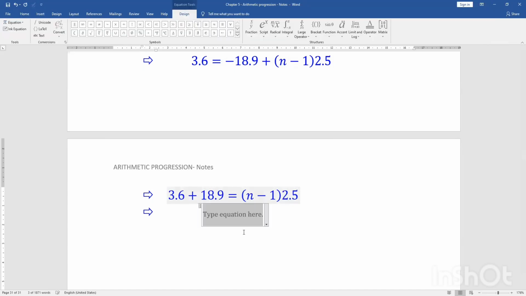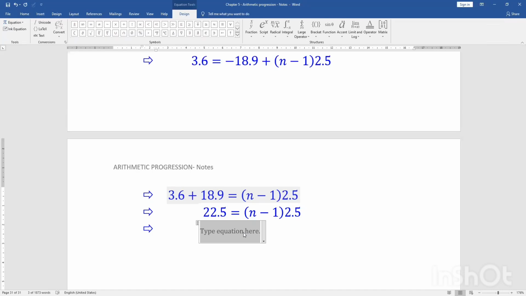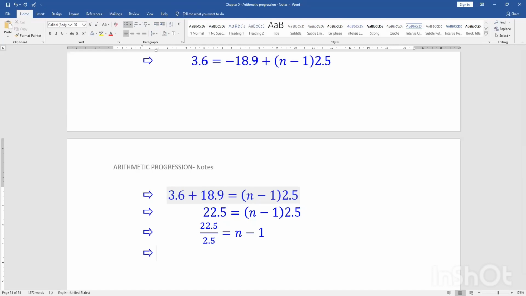So this will give you 22.5 equals N minus 1 into 2.5. In the next step, I'm going to write 22.5 divided by 2.5 equals N minus 1. So here 2.5 comes to the denominator.